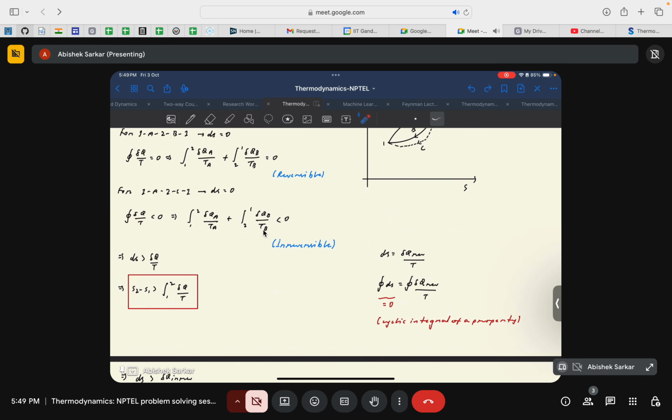So entropy is equal to the reversible heat transfer divided by temperature, and not equal to the cyclic integral of del q by T, because del q by T in this case is considered for reversible as well as irreversible processes, and in that sense it is not equal to the change in entropy.